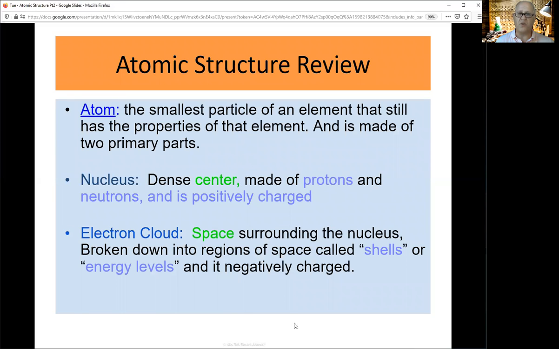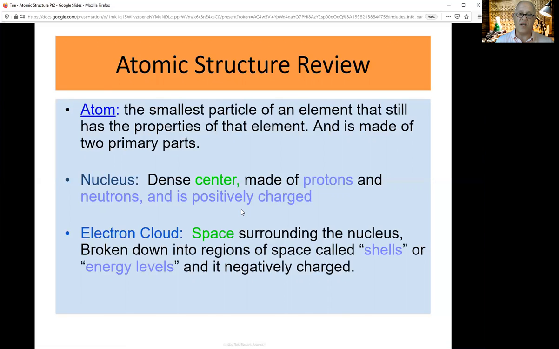So let's do a quick review of the atomic structure. The atom is the smallest particle of an element that still has the properties of that element and is made of two primary parts. It has the nucleus, which is the dense center made of protons and neutrons, and it is positively charged.